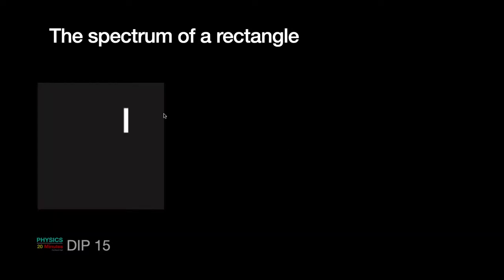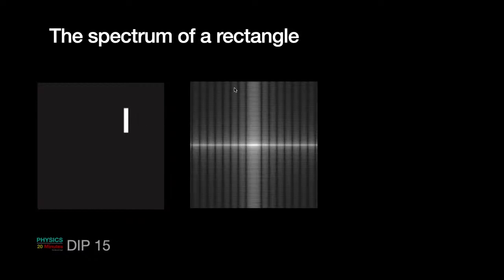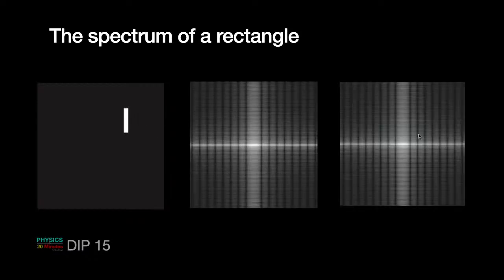Now if I shift the rectangle without tilting it, you will find that the spectrum remains the same. This was the spectrum in the previous slide and there is no change. So it does not matter. A Fourier image generally cannot predict the exact position of the object in the image.